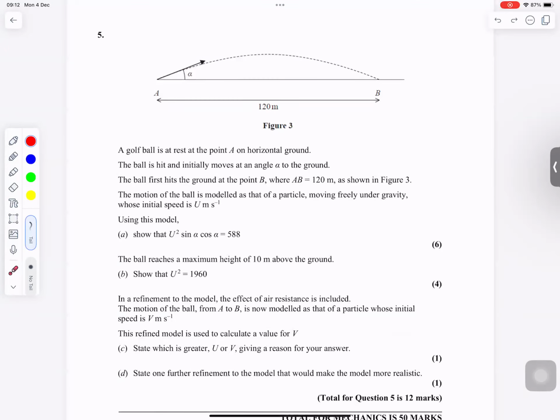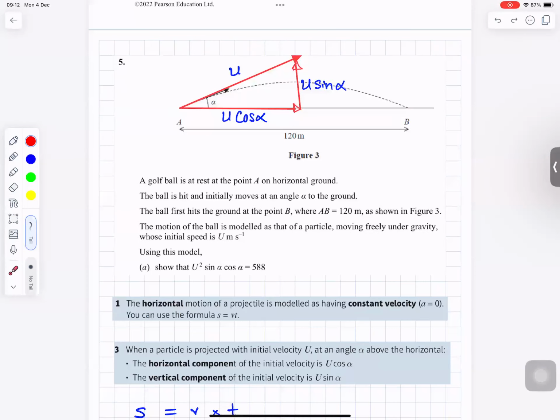Question number 5. A golf ball is at rest at point A on horizontal ground. The ball is hit and initially moves at an angle alpha to the horizontal ground.